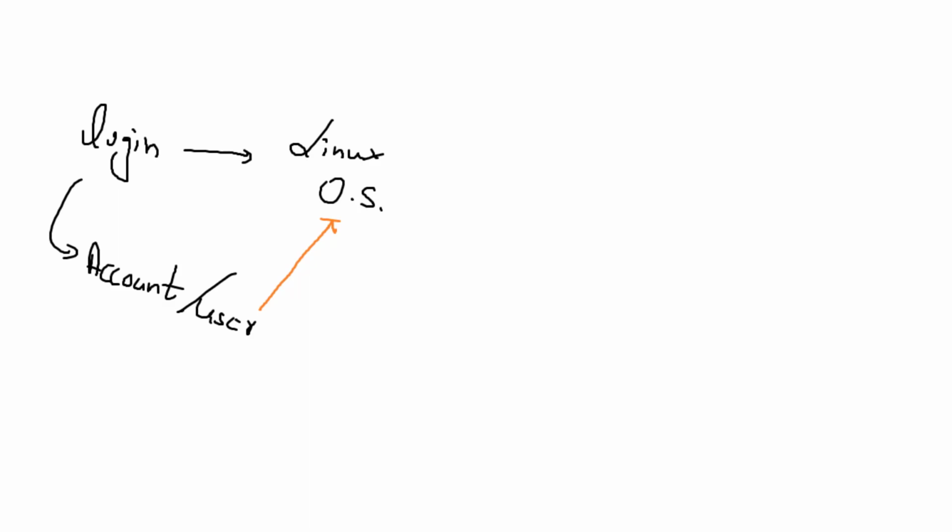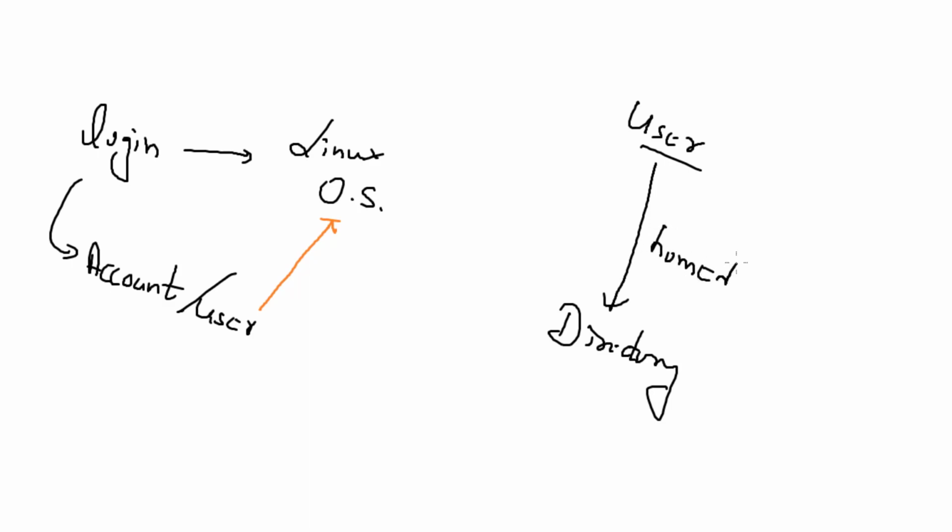In my last video I showed you how to log in in some way, but however you log in, when you log into the Linux operating system, you always land in one particular directory. Whichever directory the user lands in is known as the home directory of that user.